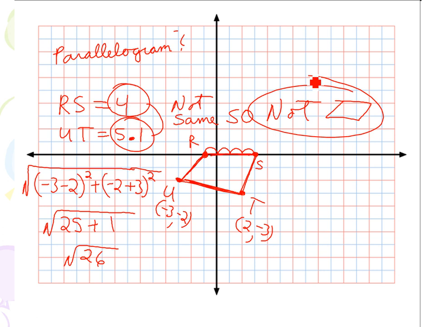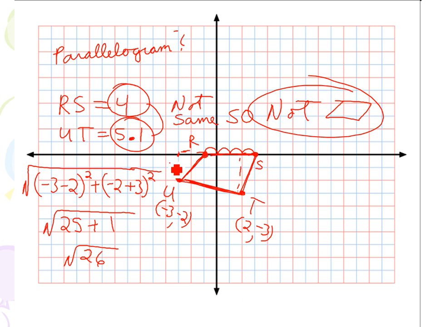Got to be able to do all that stuff. They give you 3 different ways on there. They want you to use the slope formula, distance formula, midpoint formula. Probably on a test, I would let you use whichever method you want to use. So if you like the distance formula better, then use it. If you like the slope formula better, use it. Probably on a graph, slope's probably the easiest because you can just count rise and run. I look right here on these two, they'd have to be parallel to each other.